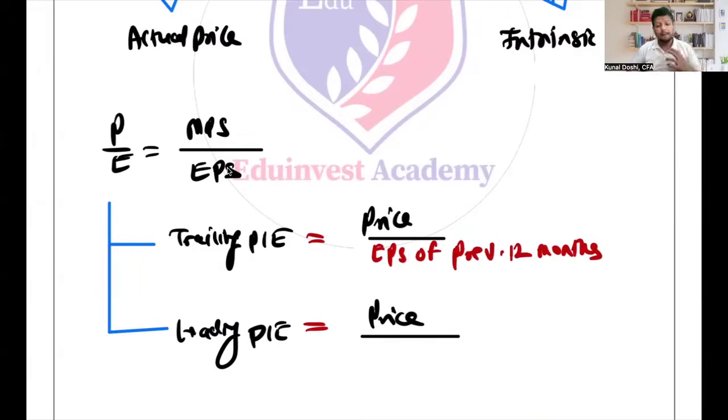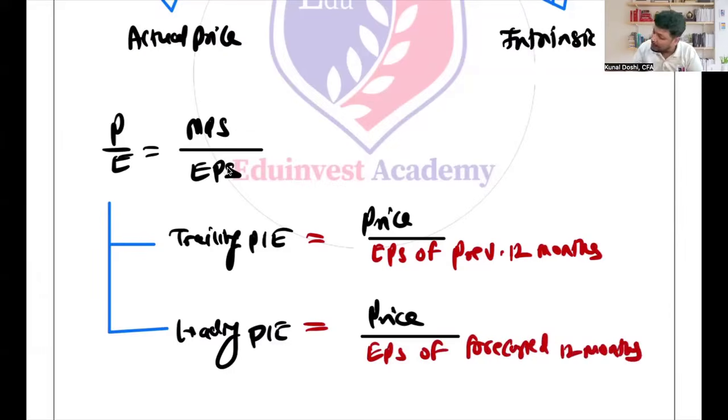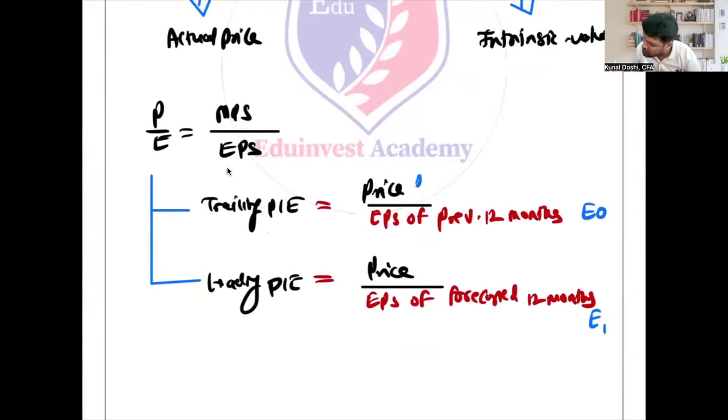But when I say leading PE, we use the forecasted earnings, so EPS of forecasted 12 months, which is E1, next year's earnings. So P0, the current price, divided by next year's earnings is your leading PE ratio.